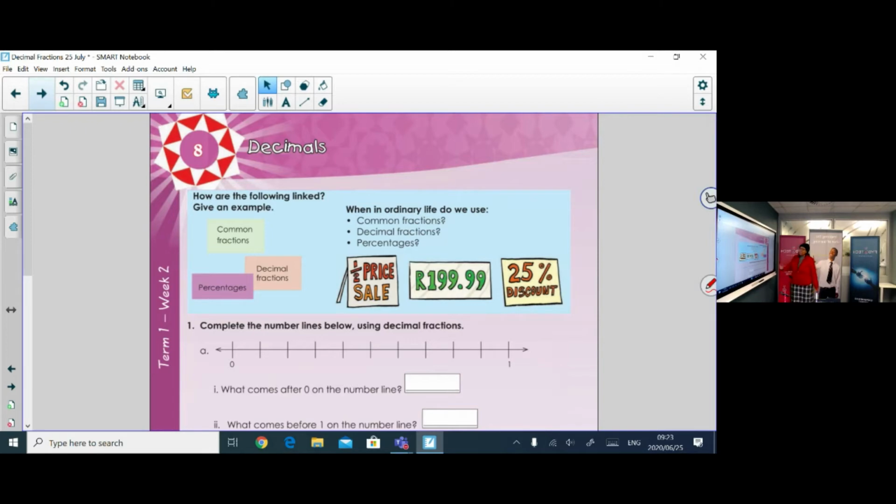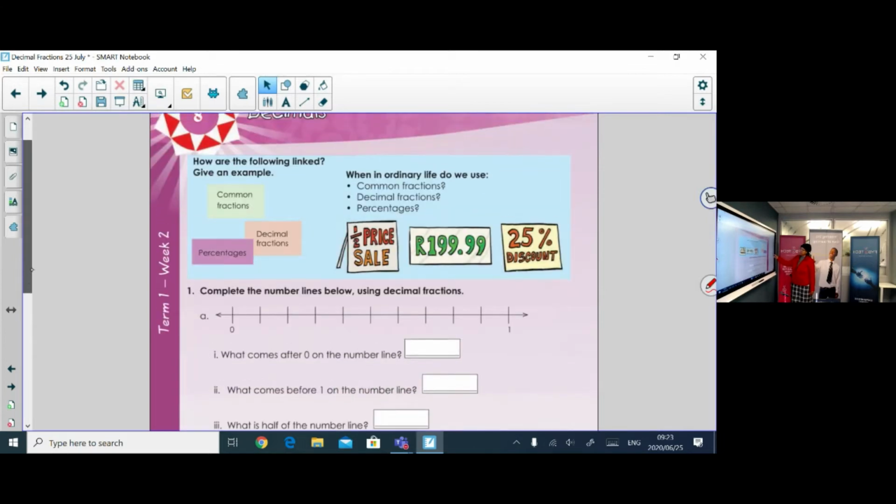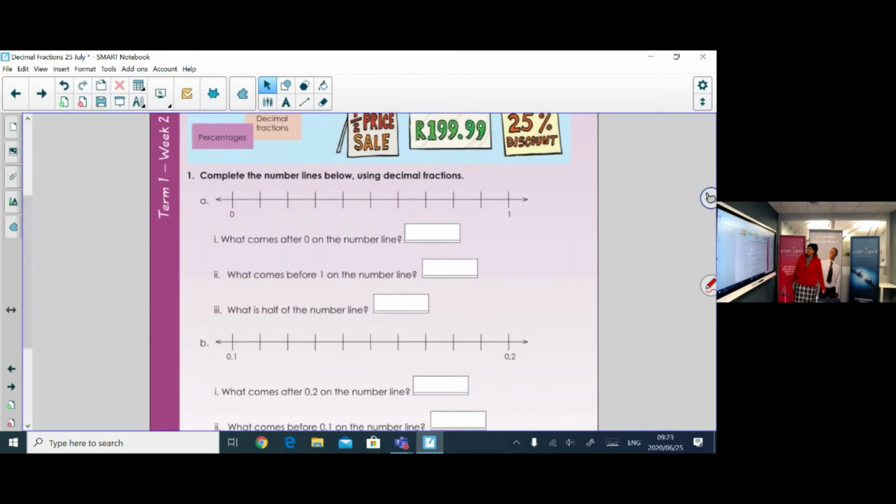We still continue with decimal numbers. We see here, complete the number line below using decimal fractions. We have 1, 2, 3, 4, 5, 6, 7, 8, 9, 10. Meaning that because these are divided into 10, it means we are having 1 over 10.